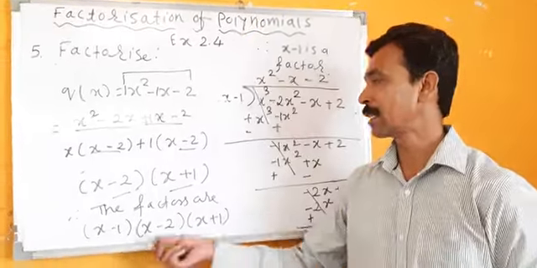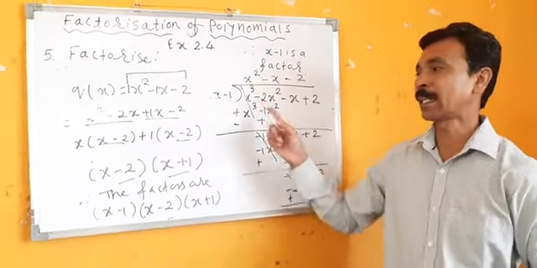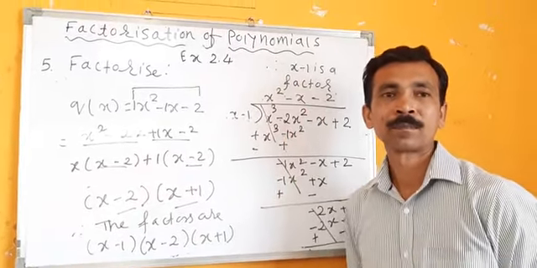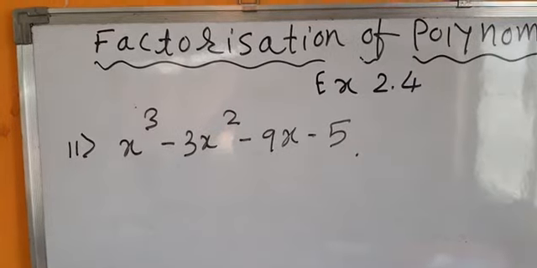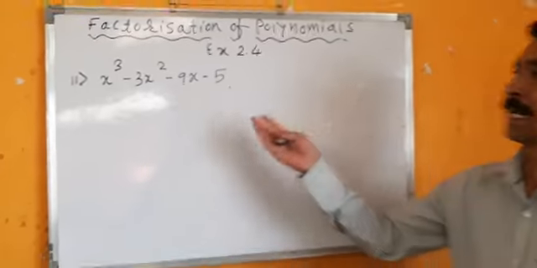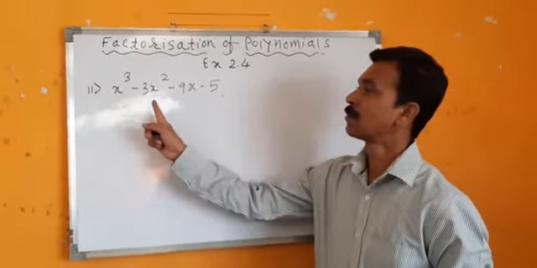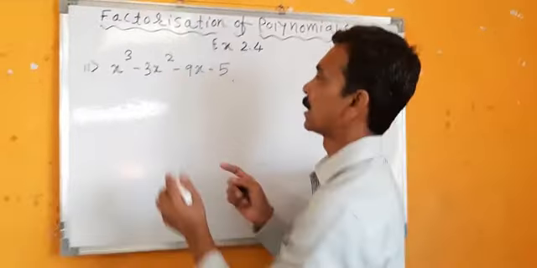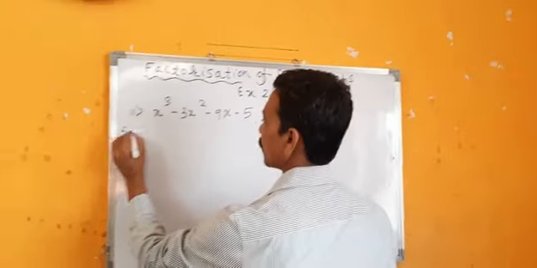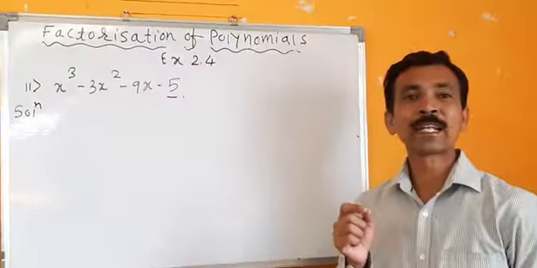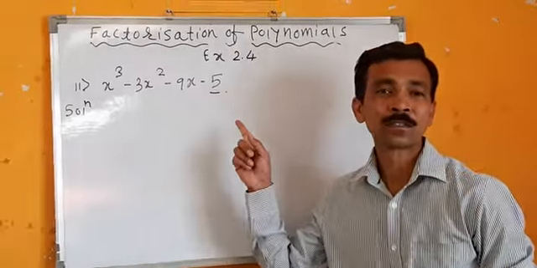These are the factors and this is the method to factorize when we have 4 parts in this sum. Second sum: x cube minus 3x square minus 9x minus 5. Right? The method is the same. See the last term, the constant term. You have to take the factors of 5.